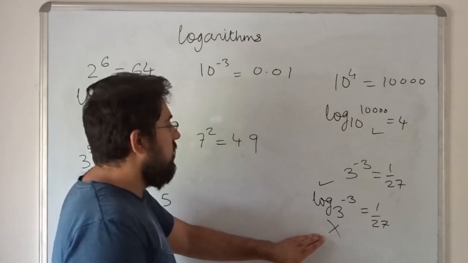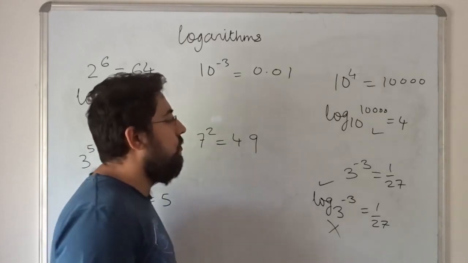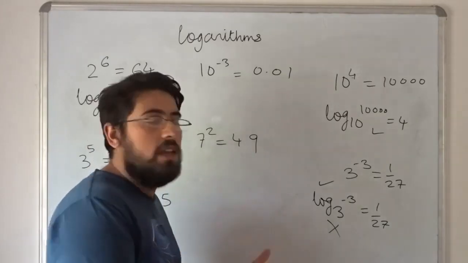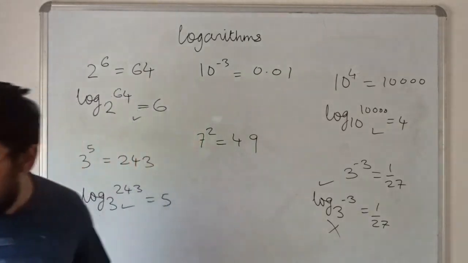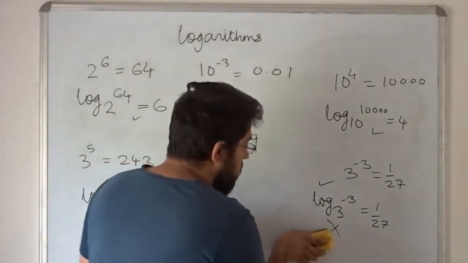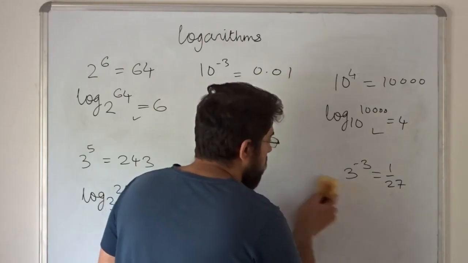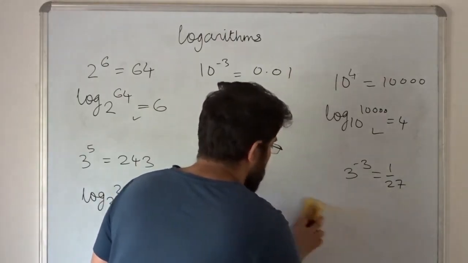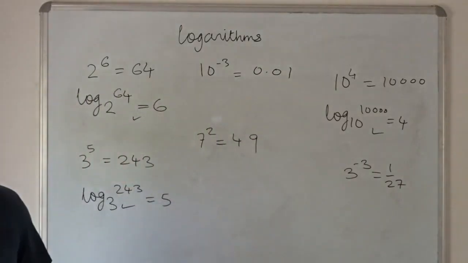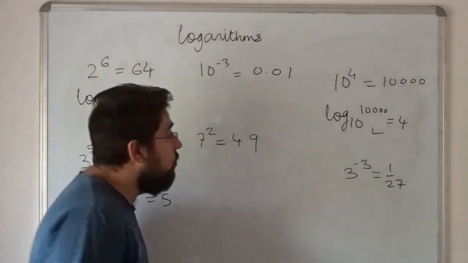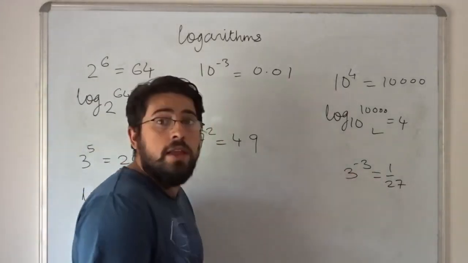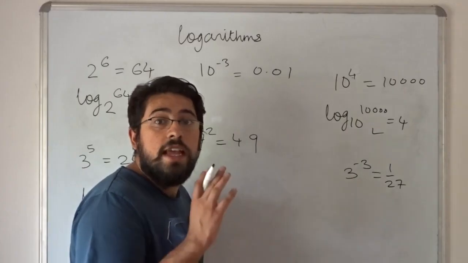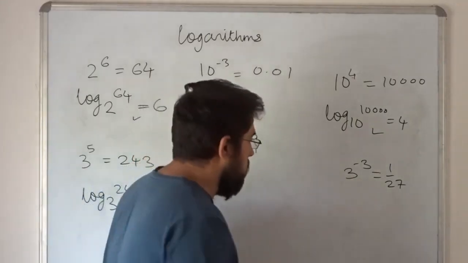Now let me tell you one thing. I deliberately did this one wrong because I want something to click in your head. The reason why this is wrong is because, as all of you know, -3 is not a natural number.